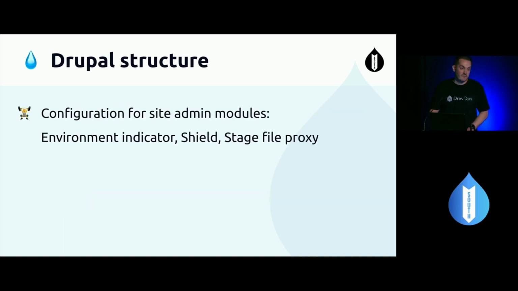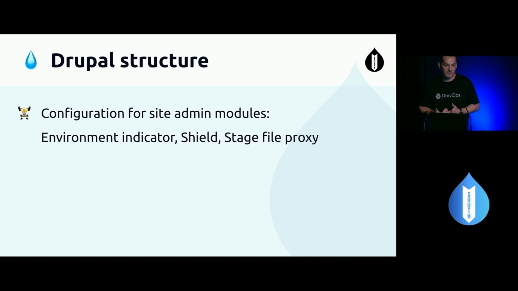As a part of Vortex, we also have the configuration for site admin modules, so Environment Indicator, Shield, and Stage File Proxy. These modules are something that I've seen used almost on every site. What that means by configuration for site modules is, for example, for Environment Indicator, there is a configuration for a color. Let's say you go to staging environment, you will see a yellow environment indicator.